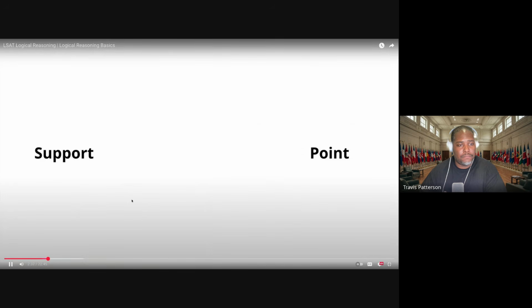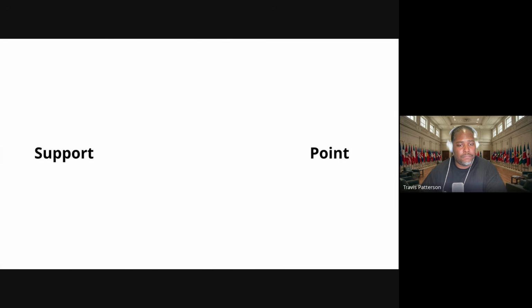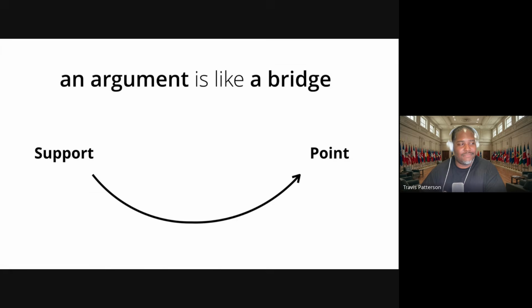Every argument will have a point and support. And you can think of the argument itself as the connection between these 2 things, as the relationship between the support and the point. And for the sake of this video and some of the other things we're going to be talking about, I think it's very helpful to see the argument as a bridge, right, that connects these 2.